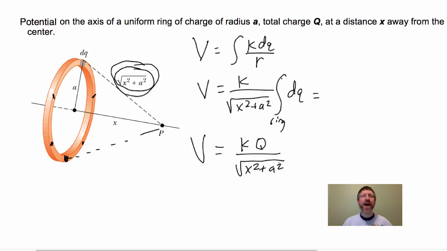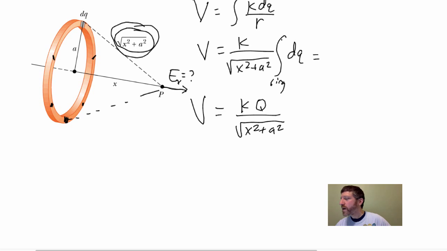Now we can find the field in the x direction. What's the field here, E in the x direction? That's easy. We can just take the partial derivative with respect to x. So E in the x direction is negative the partial of V with respect to x.